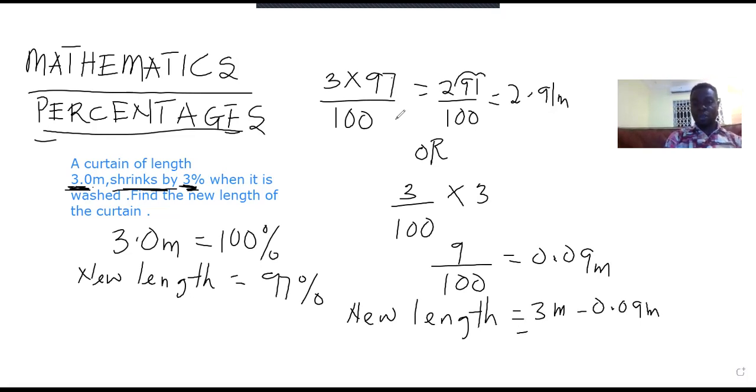And that'll give us 2.91 meters. That is using the alternate approach. Okay, so the decrease in length of the curtain is 0.09 meters. And then the new length will be 2.91 meters. So this is under percentage decrease.